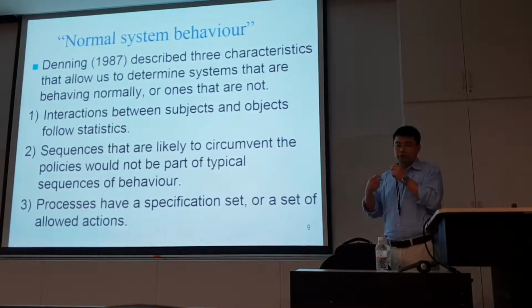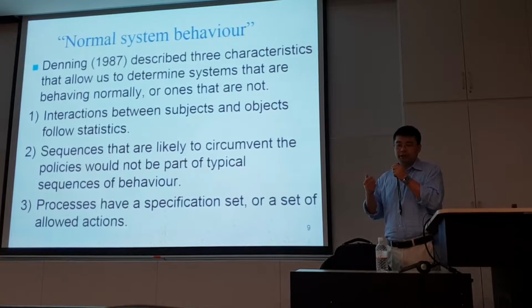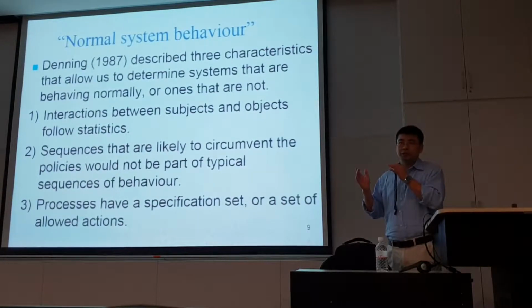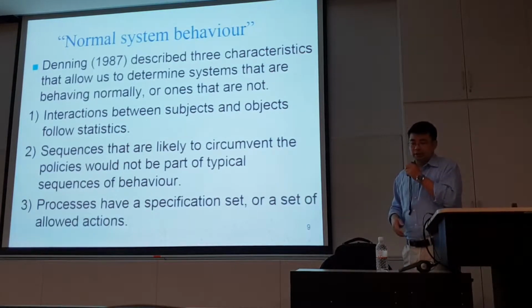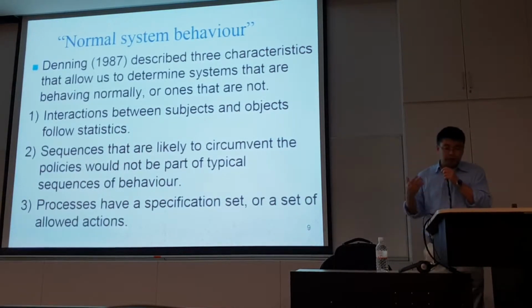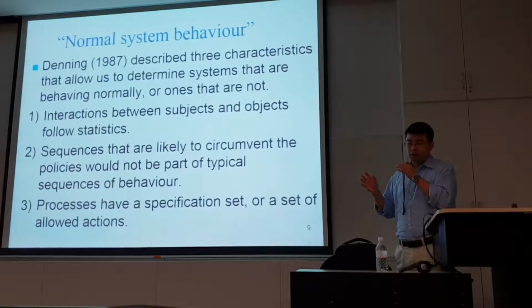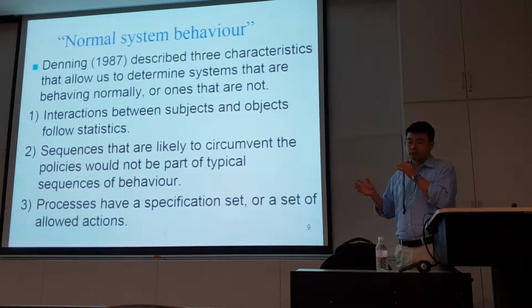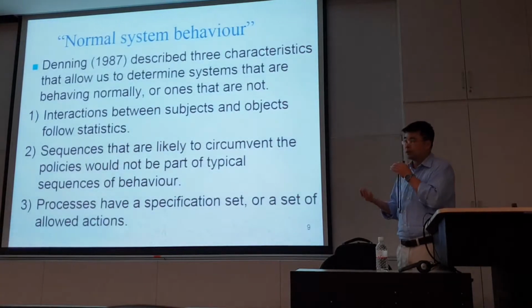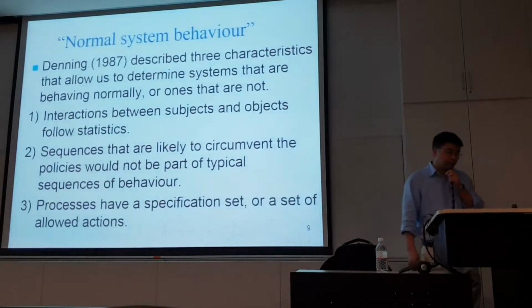But say when you run the program and suddenly the program opens a shell, then this is abnormal because it is not within the specification of this program. The program is not expected to open a shell. So in this case, you can also raise an alarm, right?